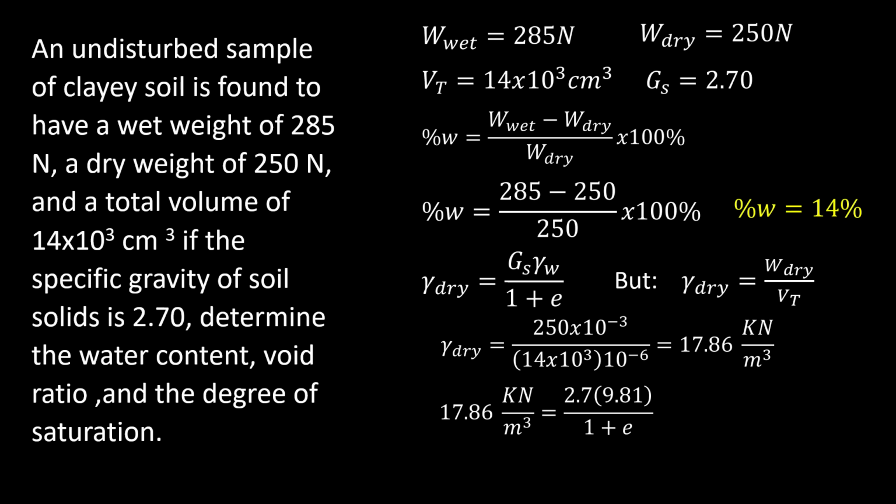Now, after the direct substitution process, we have now our equation as 17.86 equals 2.7 times 9.81 all over 1 plus e. Now, in order to calculate for this as fast as we can, all we have to do is to use our Canon or Casio calculator by applying the shift calc strategy as calculator technique.